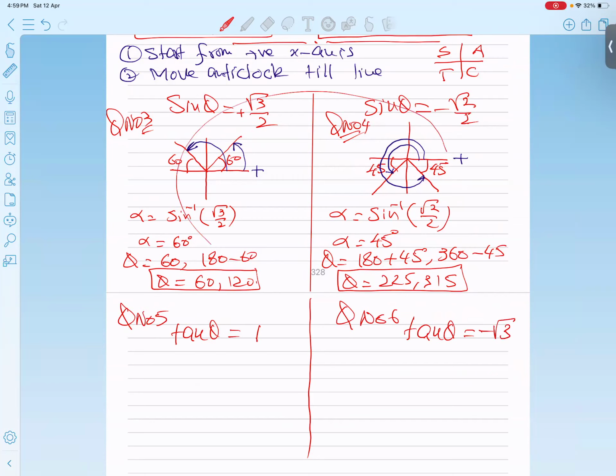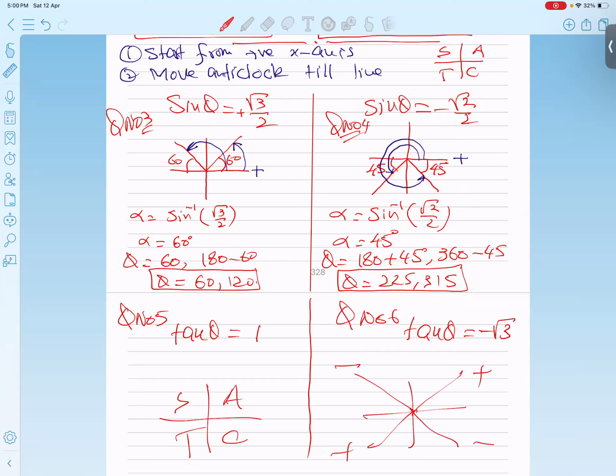You can take help from here, but this time make sure of the CAST property, C-A-S-T, CAST. So you know tan is positive here and here, because all and tan. And you know, students, tan is negative here and here. I believe you people are understanding. Okay. So one cross make for this and one cross make for the other one. I'm going to stop recording.